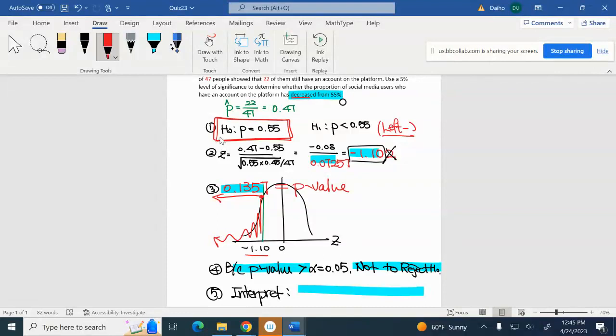How do you think? Decreased? No. The proportion has not decreased from 55%, because we didn't reject the null. Does it make sense? Right?